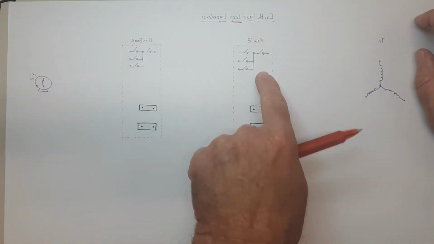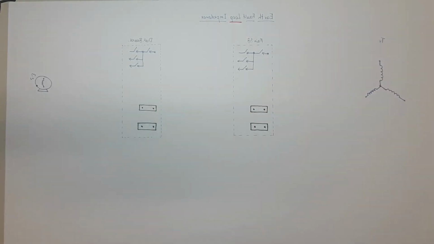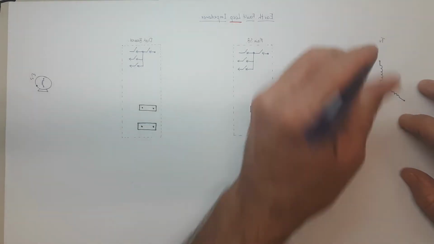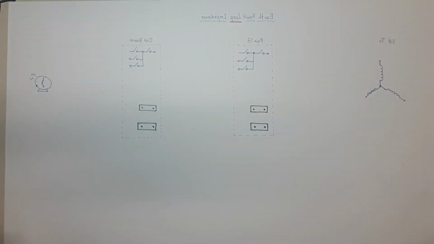The DB is fed from the main switchboard, and the main switchboard is fed from the transformer. Obviously, that's a three-phase transformer, but we don't need to draw in all the phases because all the phases will be the same and it just gets a bit confusing.